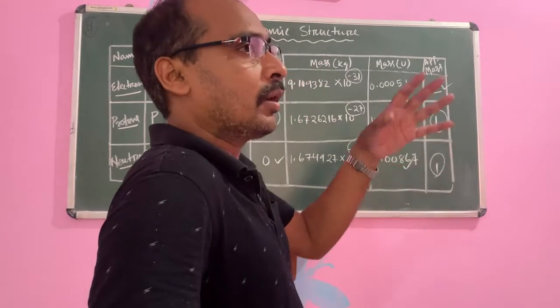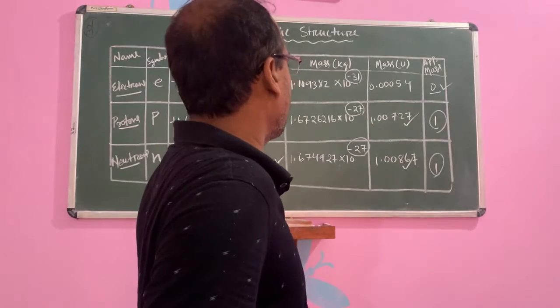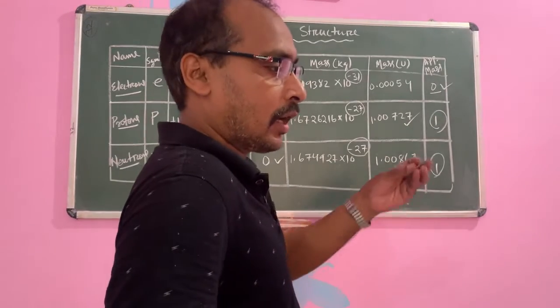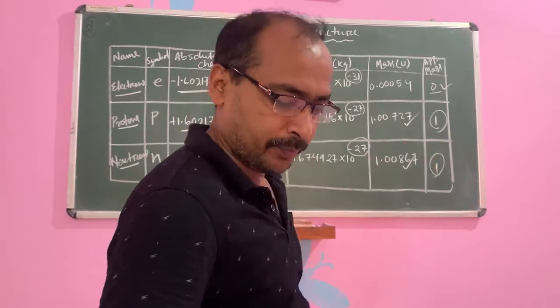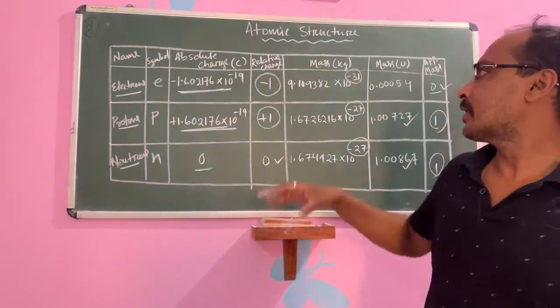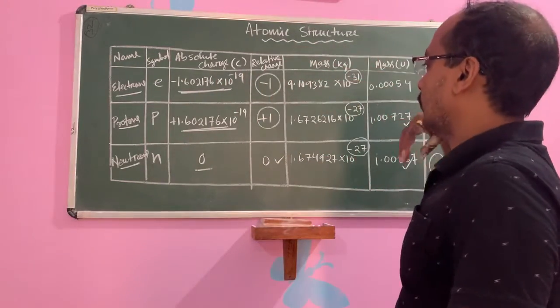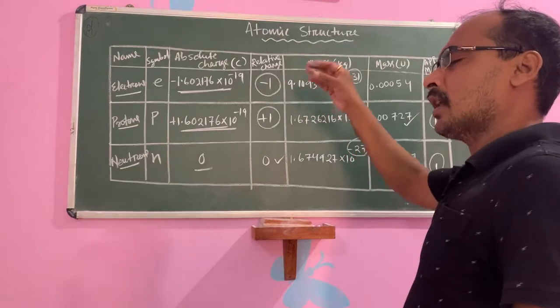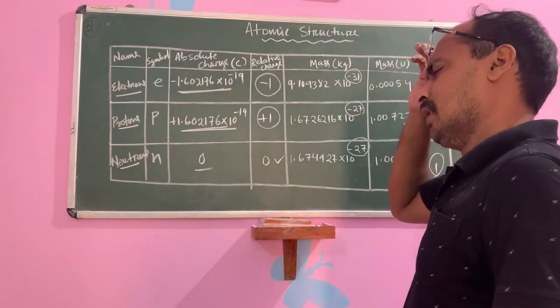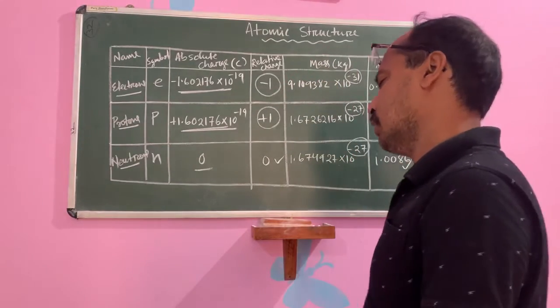Like this, all the particles were discovered one after another, after Dalton's atomic theory. So in atomic structure, after Dalton's atomic theory, there are 6 postulates of Dalton's atomic theory.